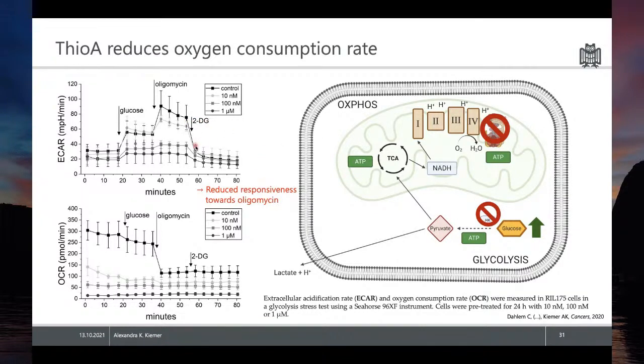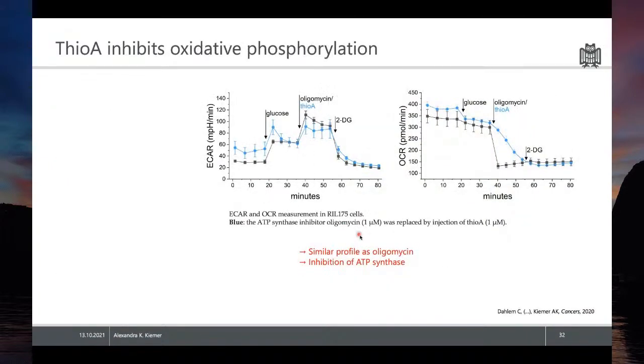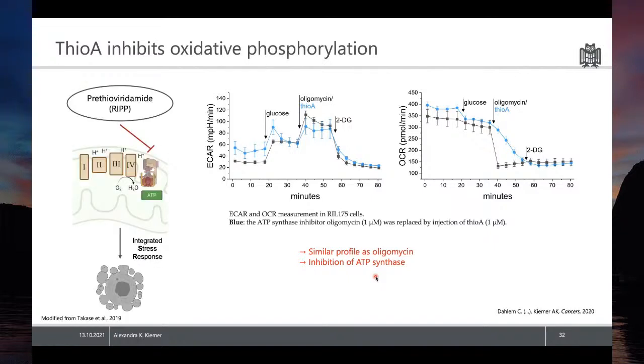And what we could see is that thioholgamide, the compound, reduced the responsiveness towards oligomycin. Together with the observation that the profile we obtained by replacing oligomycin with thio-A was very, very similar for the two compounds, this led us to suggest that thio-A really inhibits the ATP synthase.